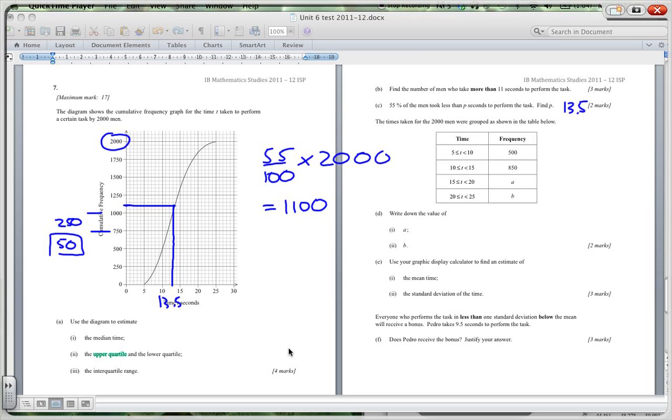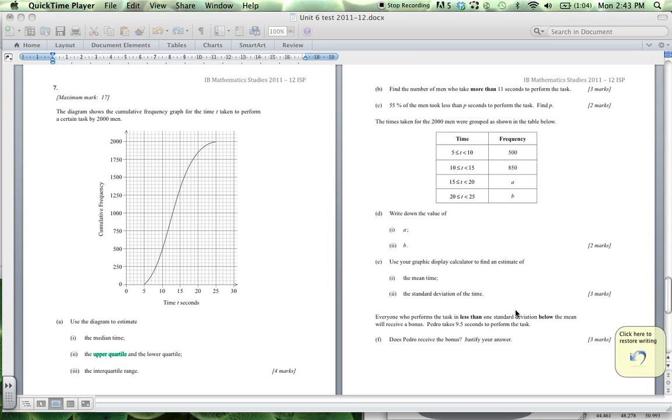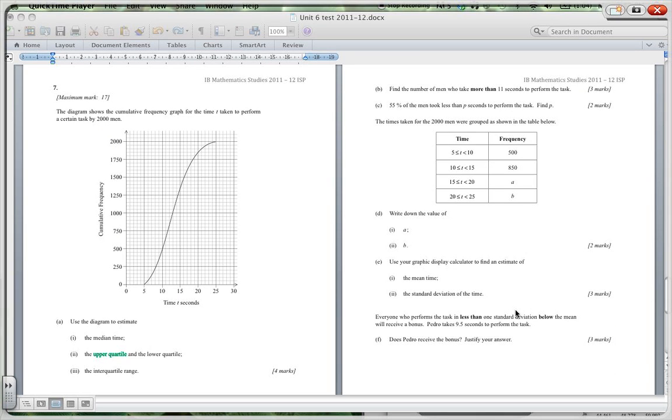Now we have the actual groups. From 5 to 10, from there to there is 500, and that's why I've got 500 over there. From 10 to 15 is 850. So my cumulative frequency after 15 will be 500 plus 850, which is 1,350.